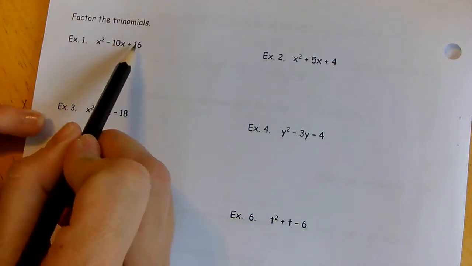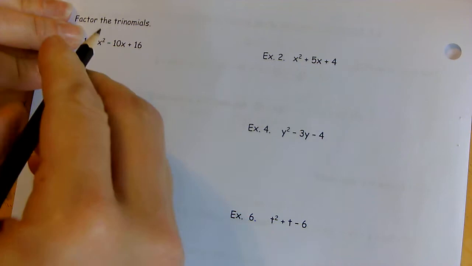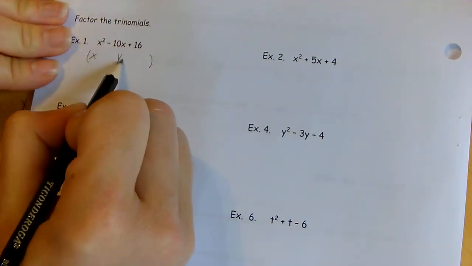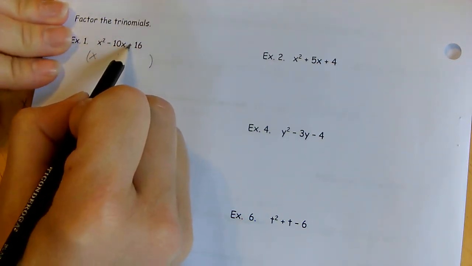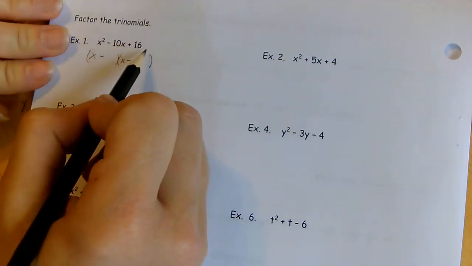Here I have a trinomial. My leading coefficient, it's the leader because of the x squared, is 1. Two sets of parentheses. Break up this first term. Break up the x. X times x is x squared. When C is positive, they're going to be the same sign. If this B is negative, they're both negative.